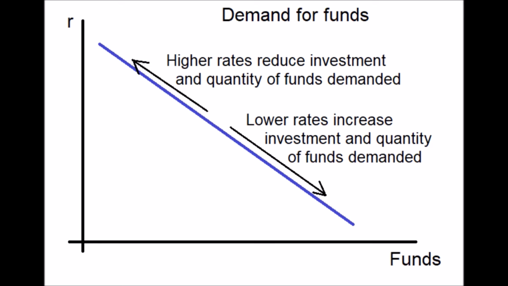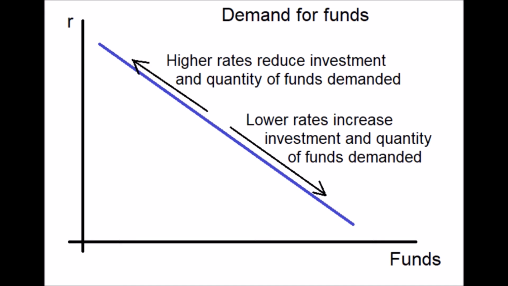Demand for loanable funds is basically the relationship between the real interest rate and the quantity of funds demanded. This relationship is negative. Higher real interest rates would reduce investments, and if the firms don't invest as much, they don't need as much funds, so the quantity of loanable funds demanded reduces.